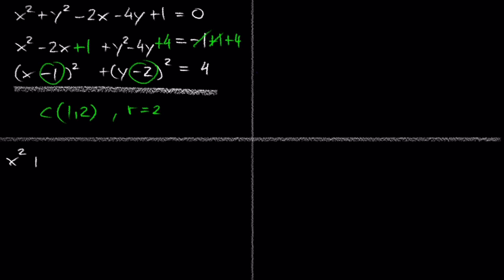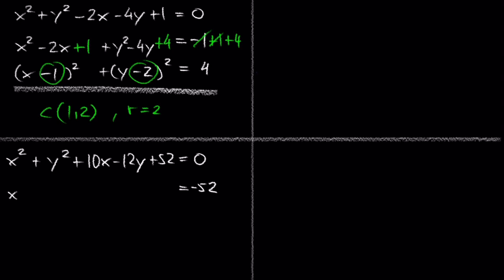x squared plus y squared plus 10x minus 12y plus 52 equals 0. Again, what we are going to do is to bring the constant term 52 to the other side, which then becomes -52, and rearrange the equation, placing the x's first and then the y's.